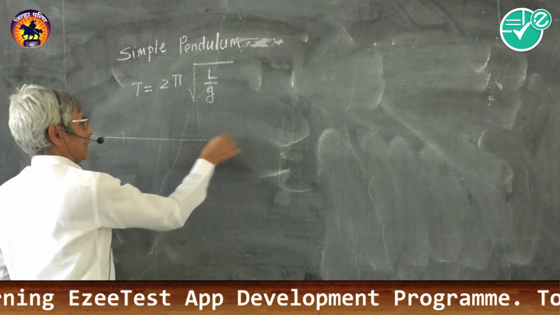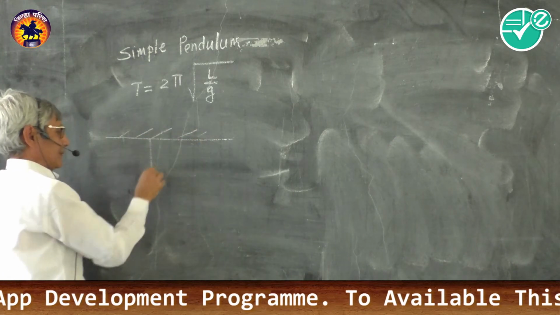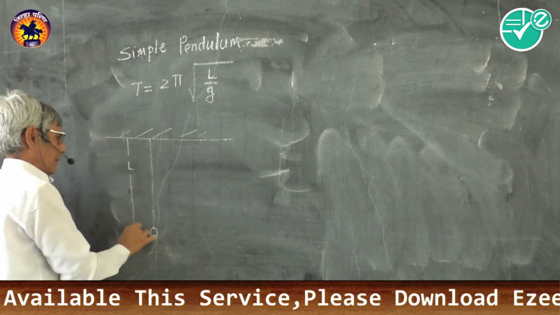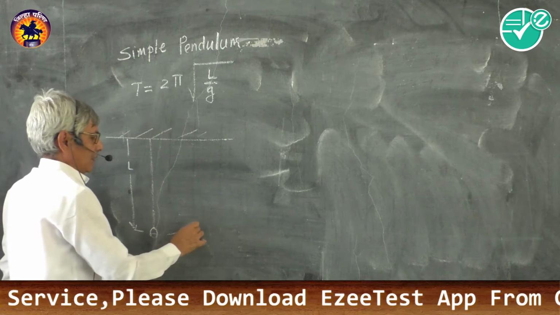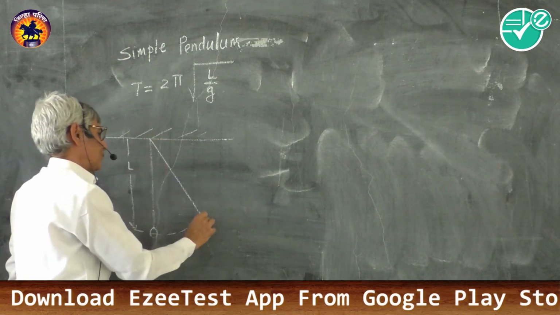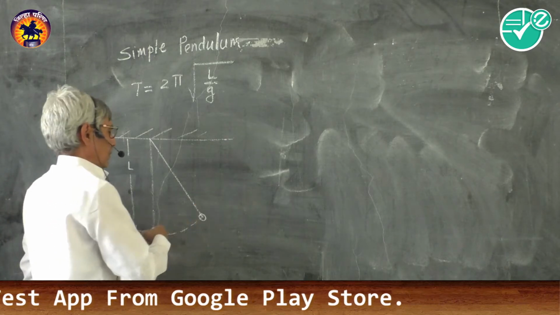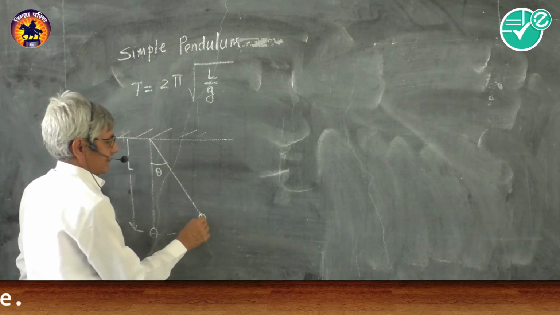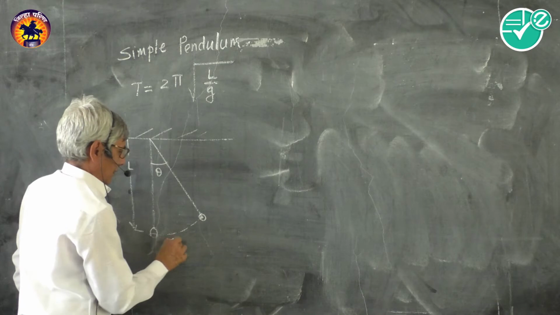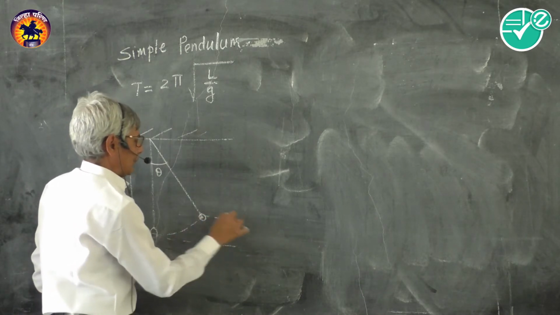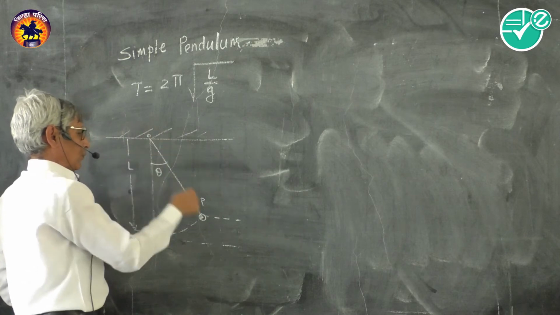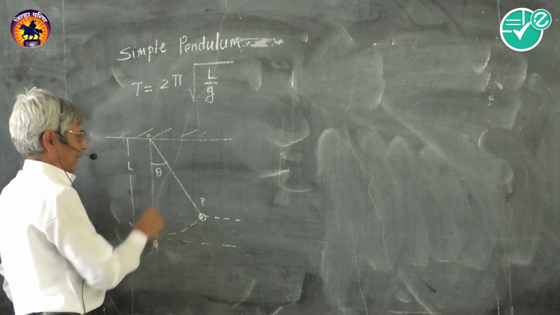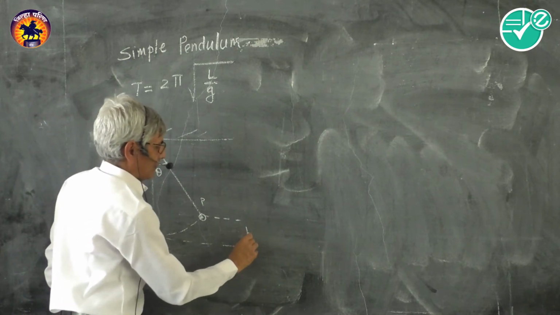Now, if we consider a situation in which the bob of the simple pendulum is displaced to a certain position where the angular displacement is θ, and say this position P, position OP of the string with respect to position OA has a level difference of h.